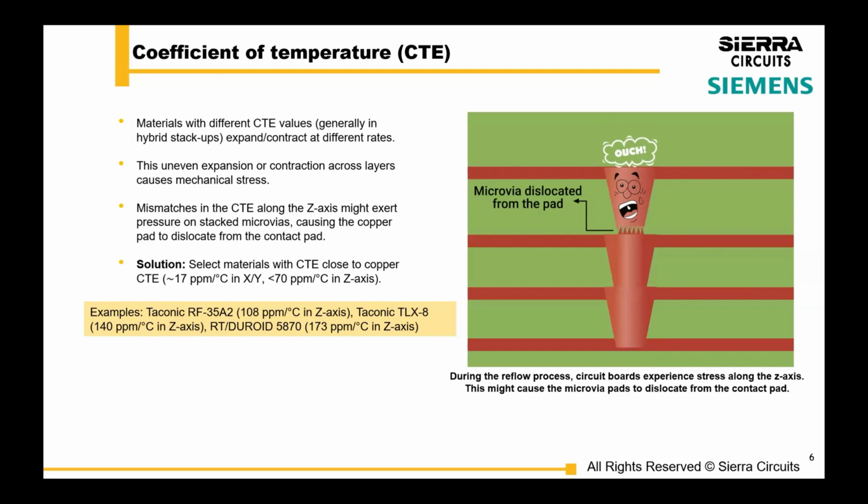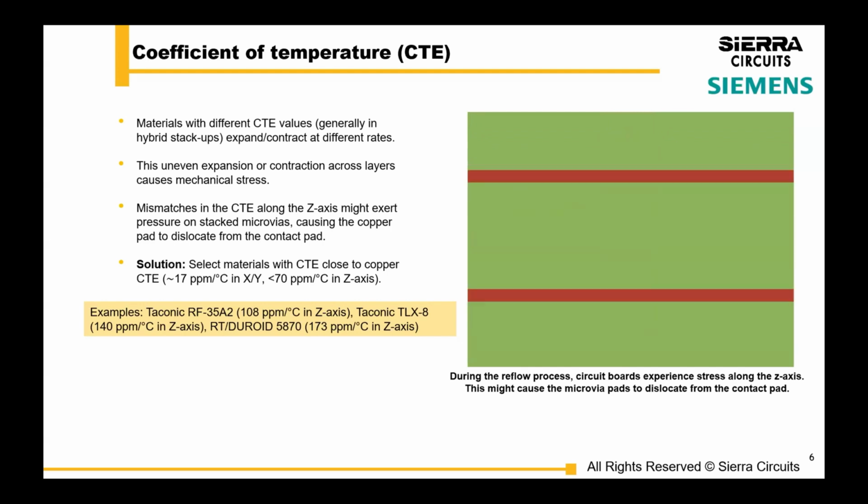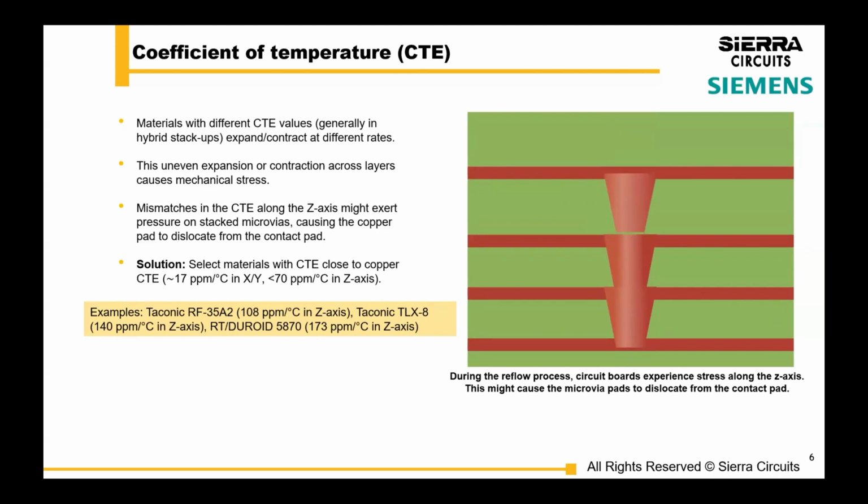So both these, the Dk, Df, CTE, they go along with what is your application, what are your design requirements, and not just isolated decisions. But CTE is important in PCB manufacturing as well as on the assembly side. You want as few mismatches in CTE as possible.